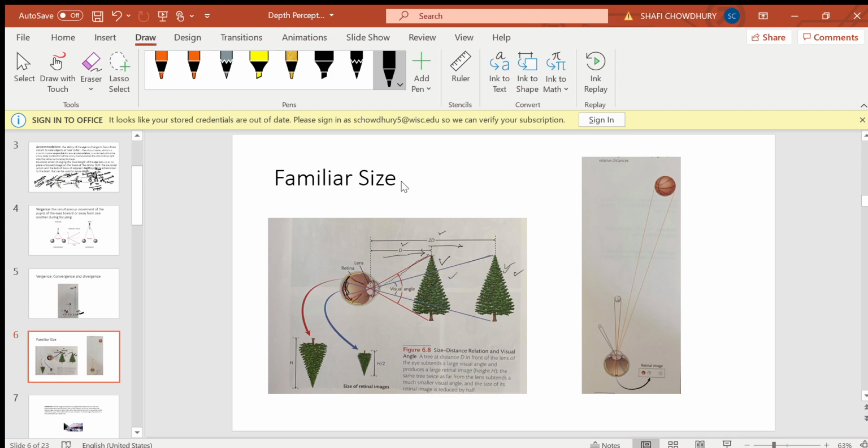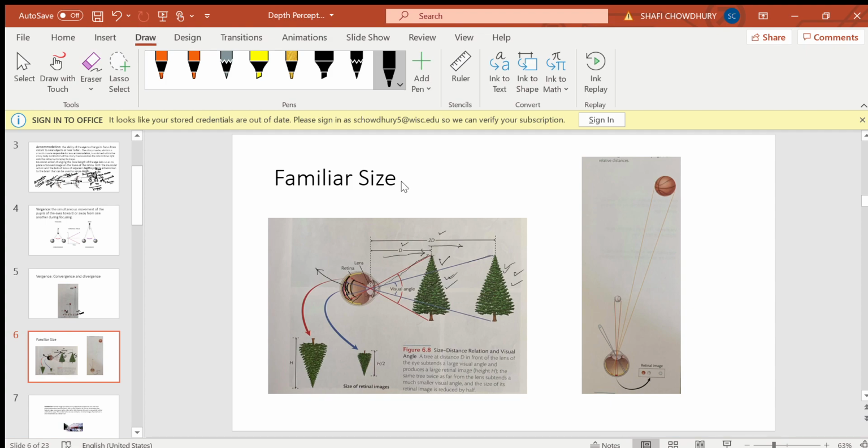The distance, red lines double. So the picture that falls on the retina from the double distance one is half the size of this one, and that's why you see this one smaller and this one larger, because your brain gets signal from the retina, right?